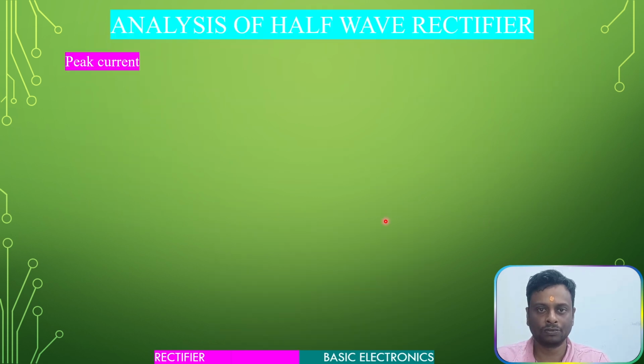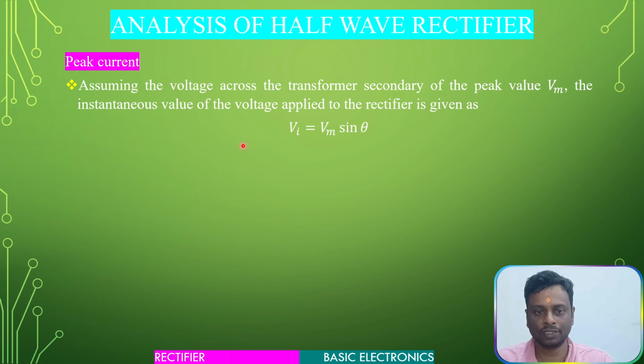Then peak current. What is the peak current? The voltage across the transformer secondary has a peak value of Vm. The instantaneous voltage applied to the rectifier is Vi equal to Vm sin theta, where Vm is the peak or maximum value of the applied voltage.